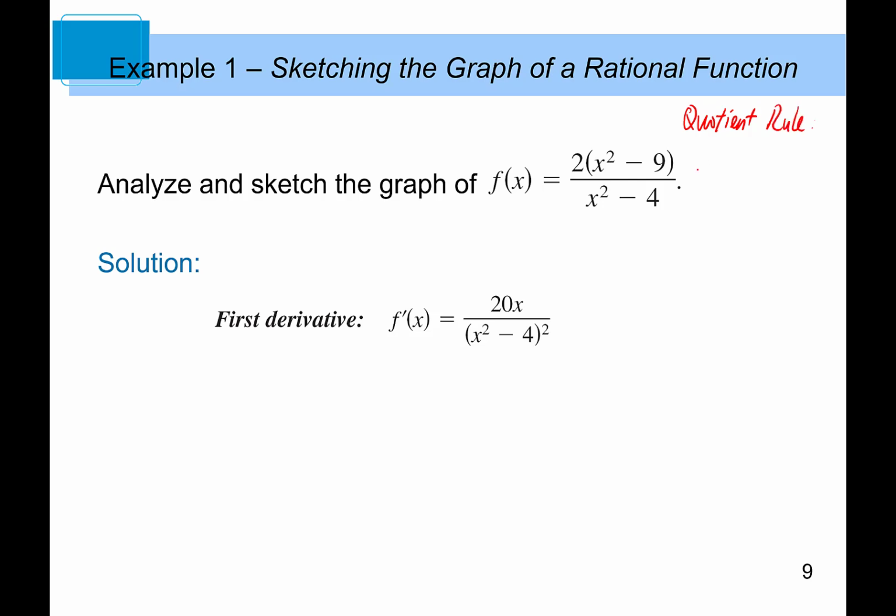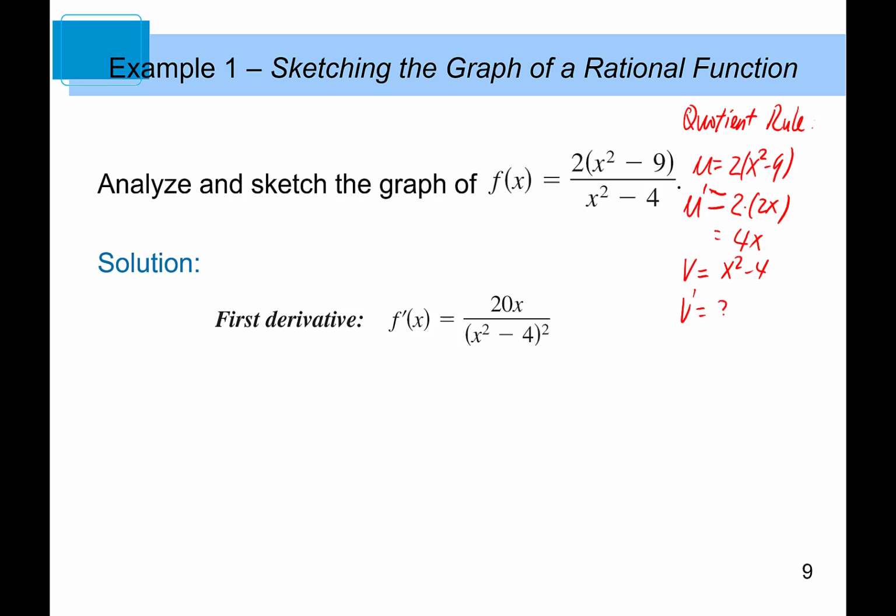So in the quotient rule, u is 2x squared minus 9, so u prime is 2 times 2x, which is 4x. v equals x squared minus 4.